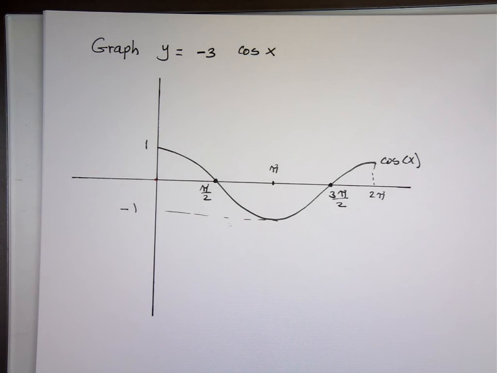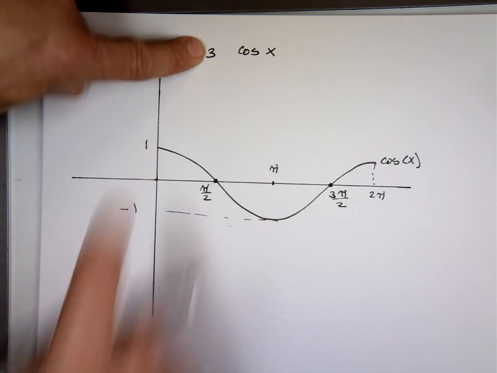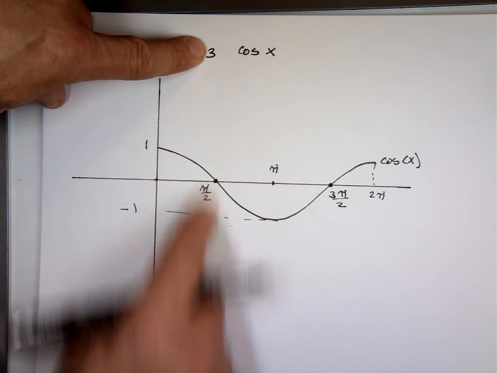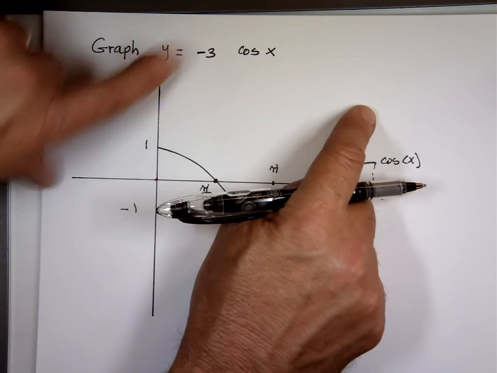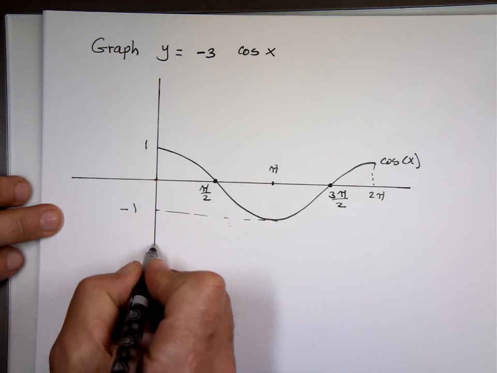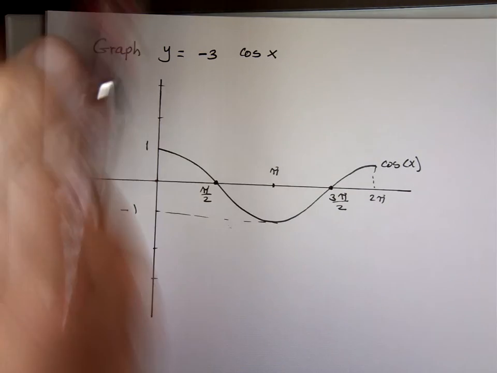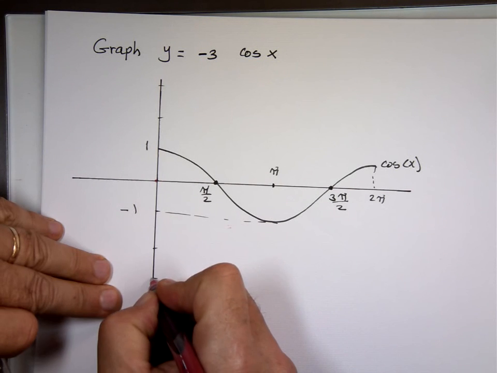If I didn't have the minus, the 3 would make it go as high as 3, right? It has the same shape, but the height is 3. But the minus sign is going to do what? It's going to flip it. So the graph should look like this. It's enlarged by a factor of 3, but also flipped.